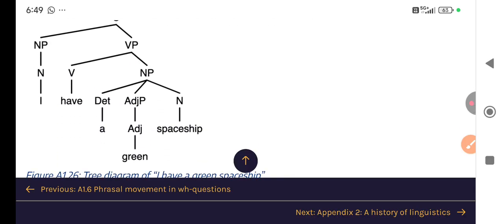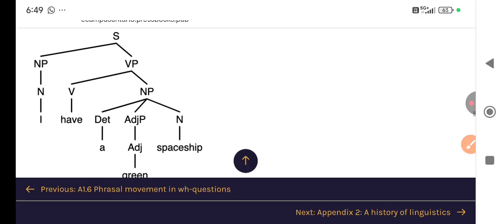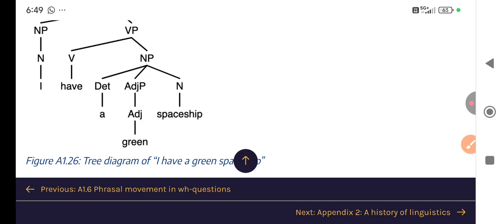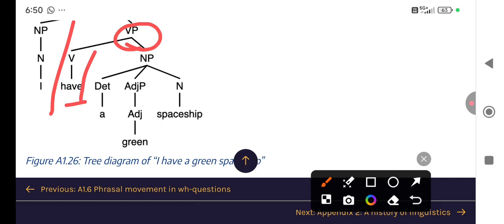This is the sentence: I have a green spaceship, right? So that's an NP, right? Now, have is a helping verb, so that's a verb phrase. You drop have, right?